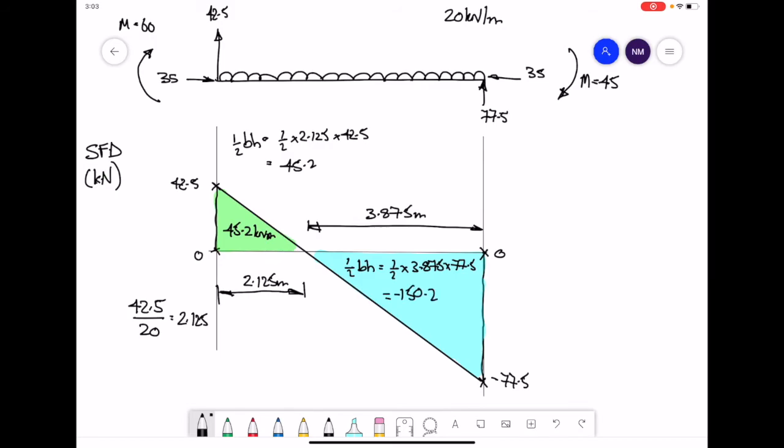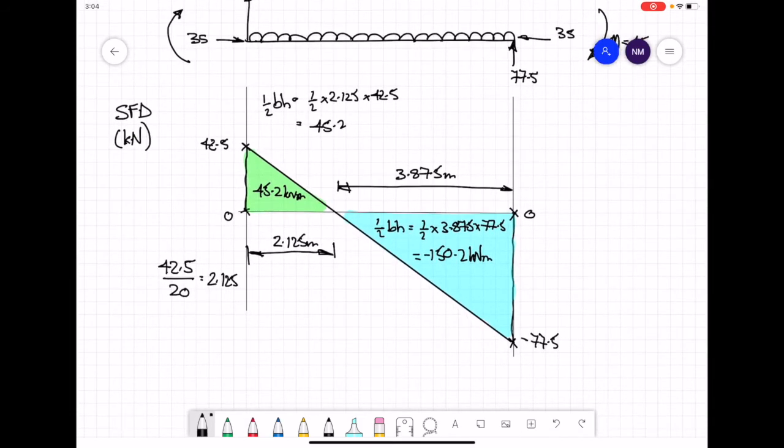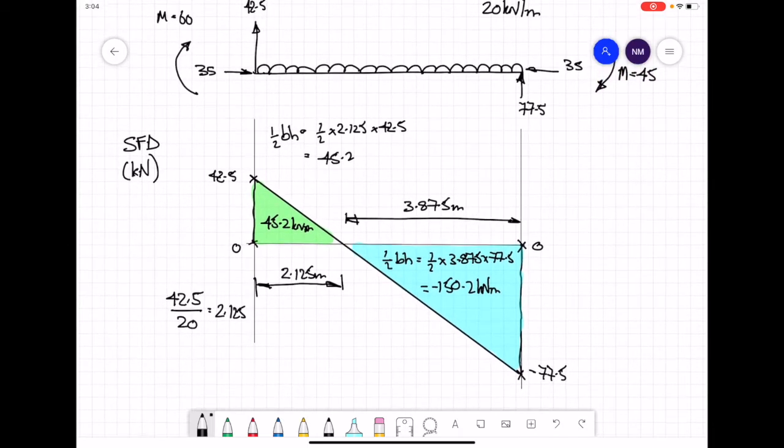Note, put in a negative because it's an area beneath the axis. Using this, with our moments we have, 60 on the left hand side, 45 on the right hand side, we can use this to construct our bend moment diagram. First of all, I'll draw in some construction lines.